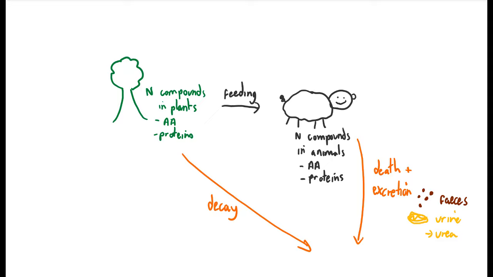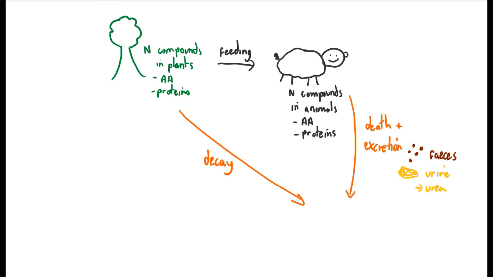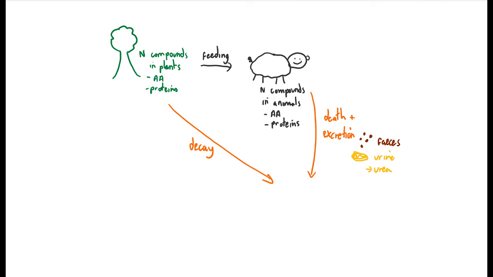So when plants die and when animals die and produce waste, it produces nitrogen compounds in dead organic matter. And the main ones in that, again, are going to be amino acids and proteins.